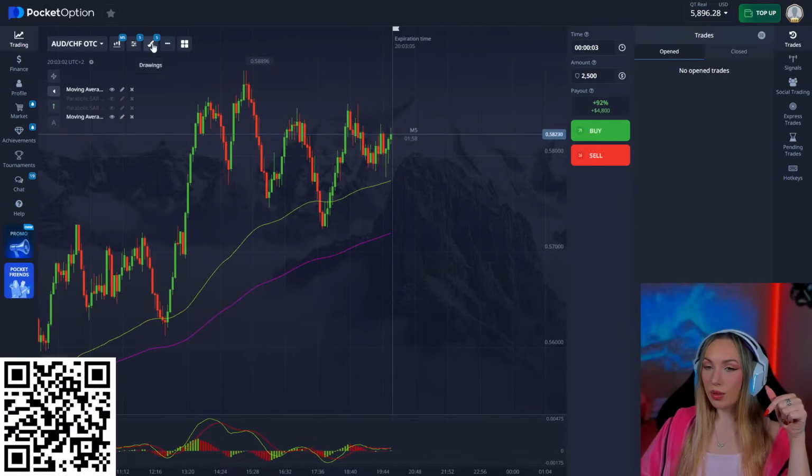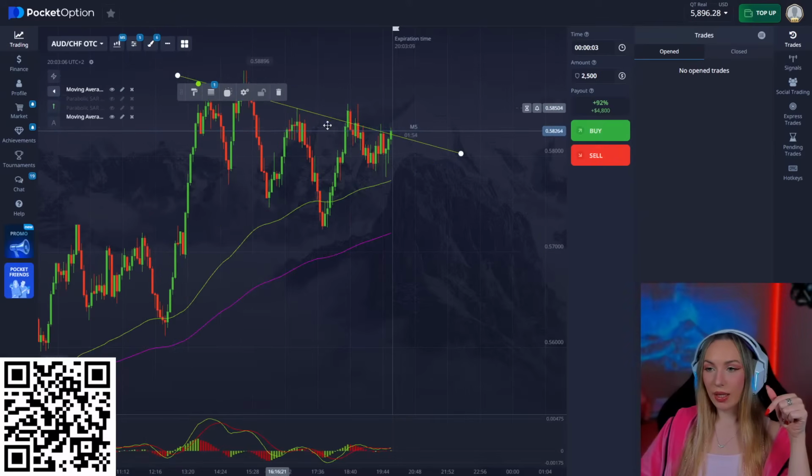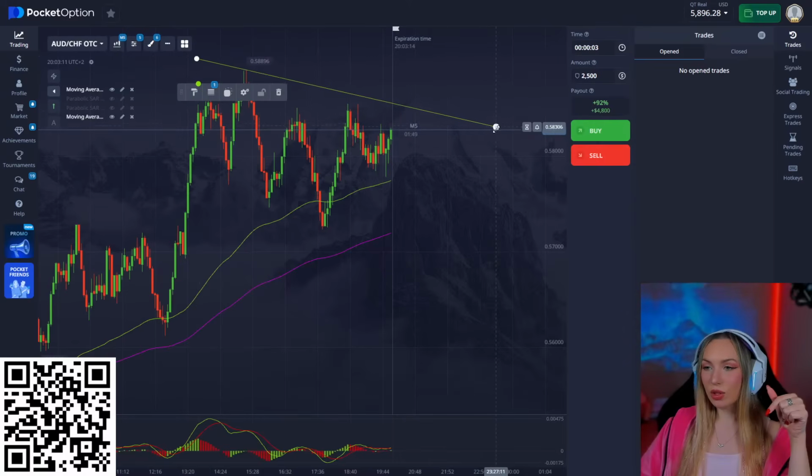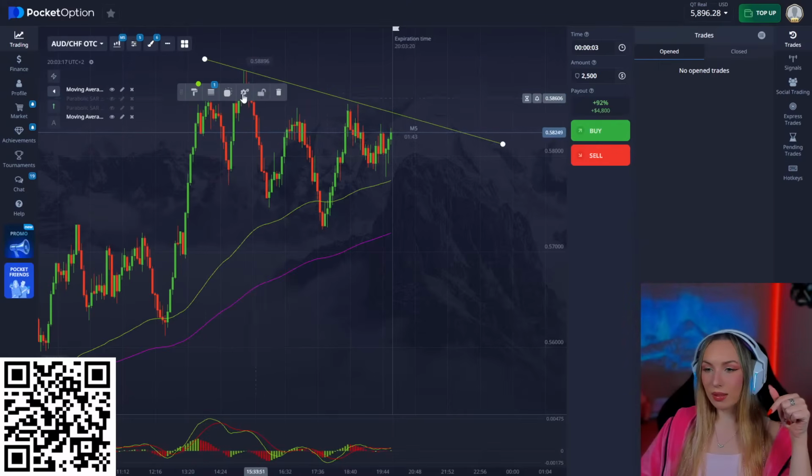And by the way, oh look, I think I see a downward channel here, and maybe the signal that I told you I found is actually a good signal to open a trade in the downward direction.